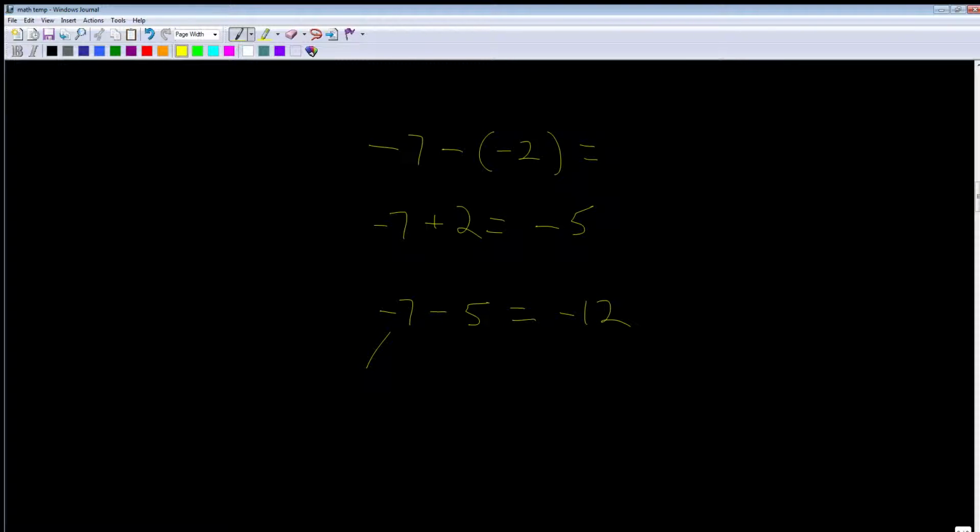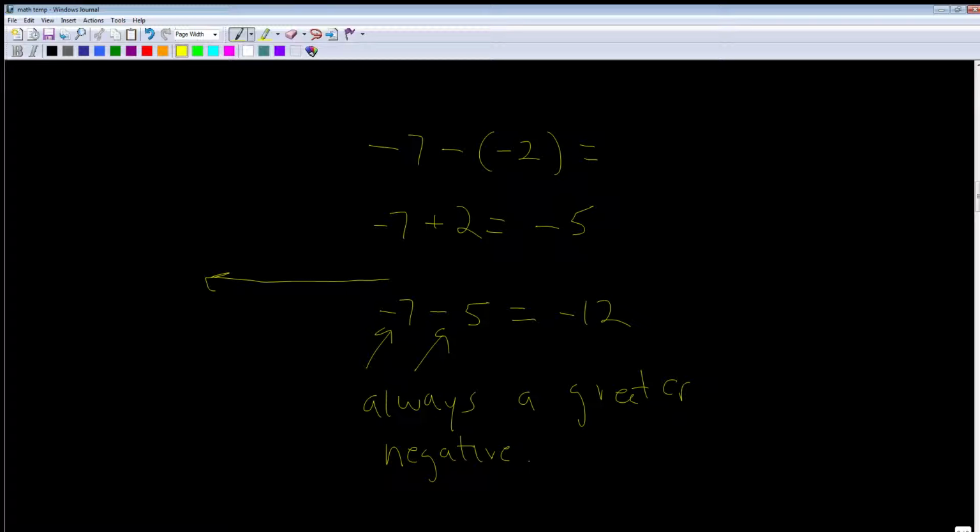Because remember, a negative and a negative is always a greater negative. Two negatives is always heading this way on the number line. You have a negative 7, you have a negative 5. It's going to go this way and give you a negative 12.